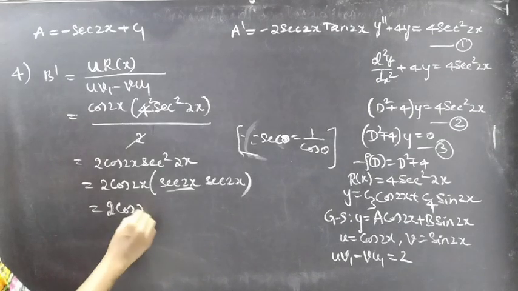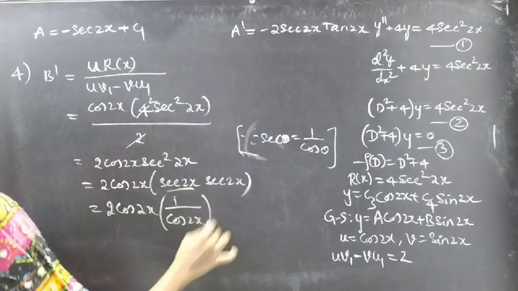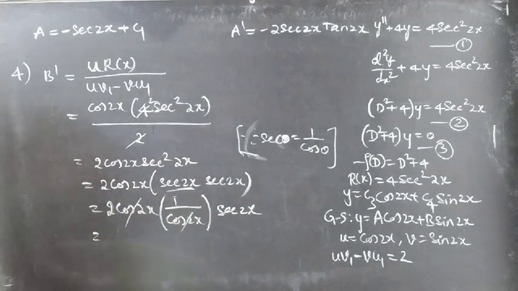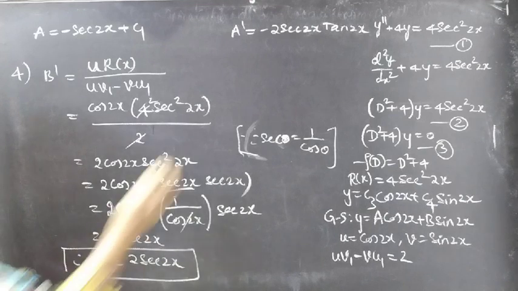We'll get 2 cos 2x into 1 by cos 2x into secant 2x. Cos 2x gets cancelled, we'll get 2 secant 2x. Therefore, B dash equals 2 secant 2x.